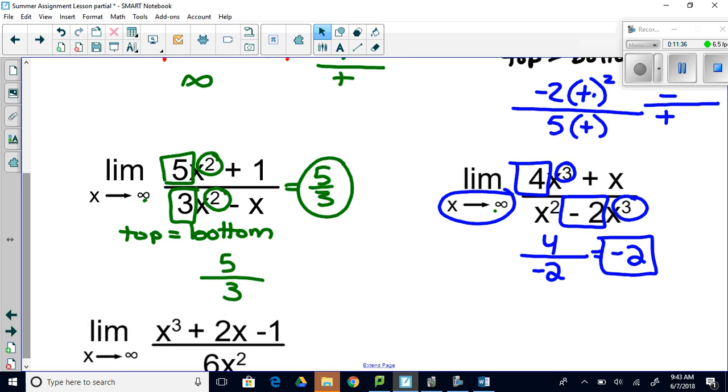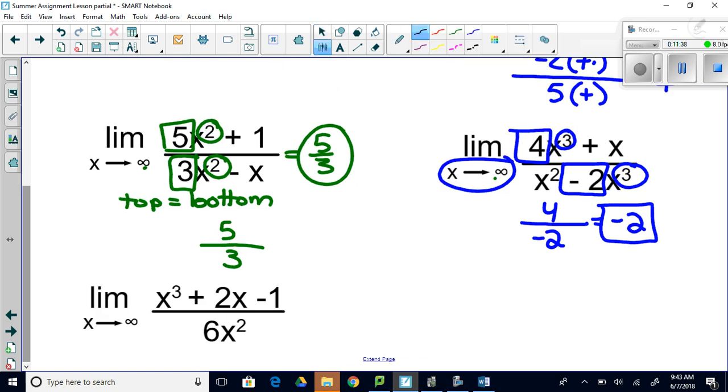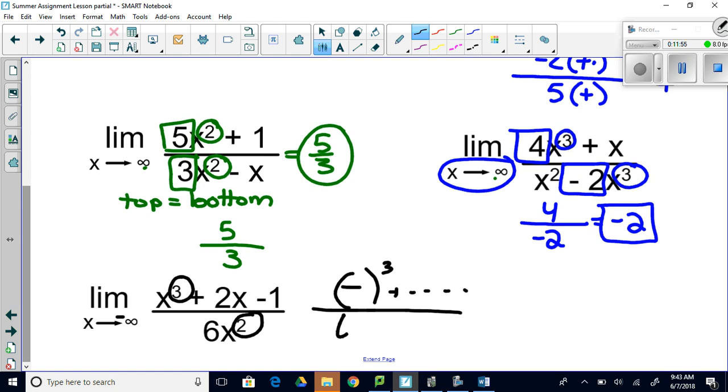If in this problem it became negative infinity instead of positive infinity, our top exponent is still bigger than our bottom exponent, but now we're plugging a negative number in: a negative cubed plus a bunch of stuff, and then we'll have 6 times a negative squared.